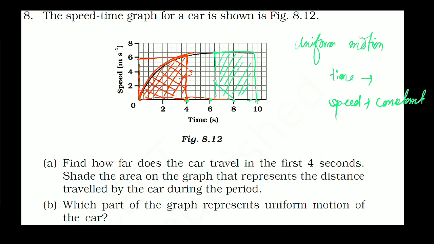If we set this part like that, giving some random lines, this will mean that we have set this part. So these are the parts which represent the uniform motion of the car, where the time changes from almost 6 to 10 seconds, right? So this is the answer of this question.